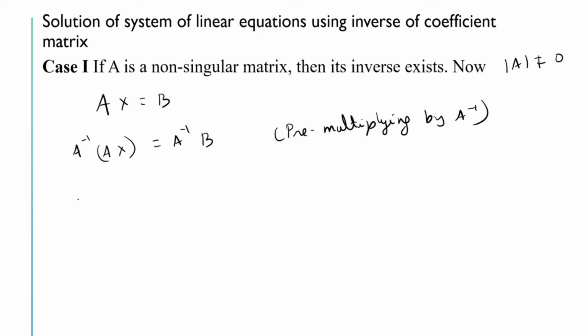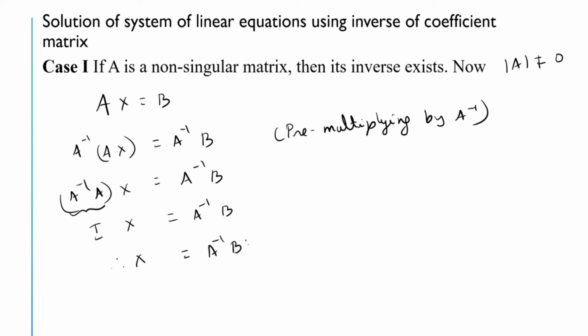So here we can write this as A inverse into A into X. Since multiplication of matrices is associative, we know that A inverse into A is nothing but the identity matrix I. So I into X is equal to A inverse into B. Therefore, we have X is equal to A inverse into B. So this is how we can find the value of X.